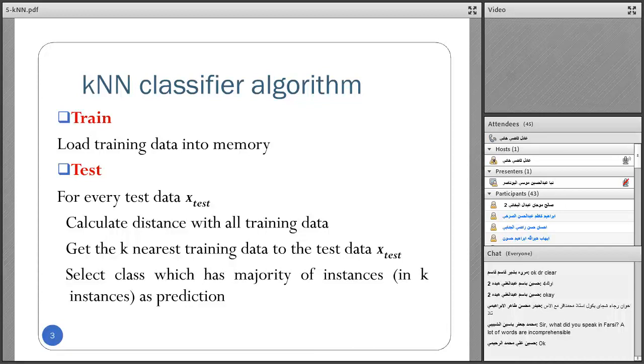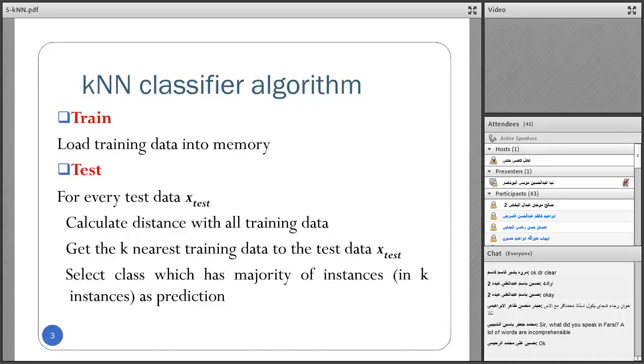All right, this is the algorithm of the KNN classifier. In the train phase, we don't do anything. We are just loading the training data into memory.